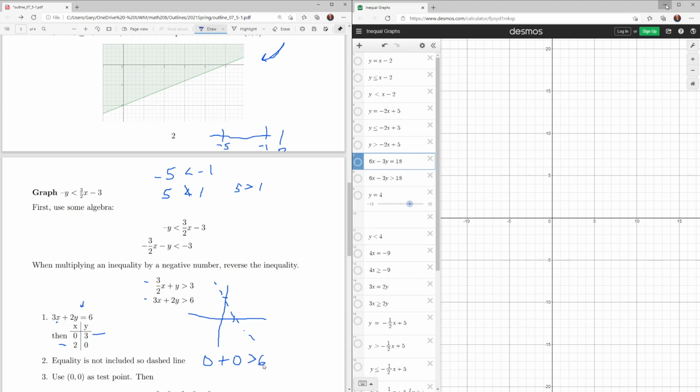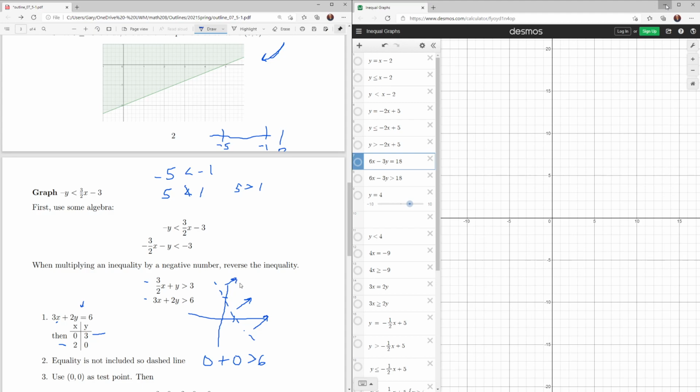Is 0 plus 0 greater than 6? No, it is not. This is false. Because this is false, the origin is not in our graph, so our inequality is on this side of the graph.